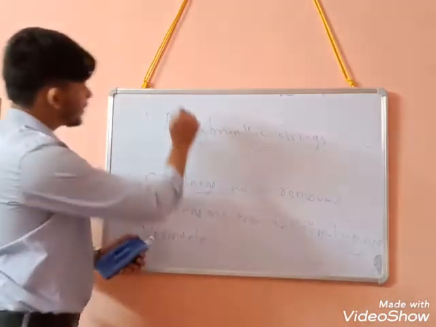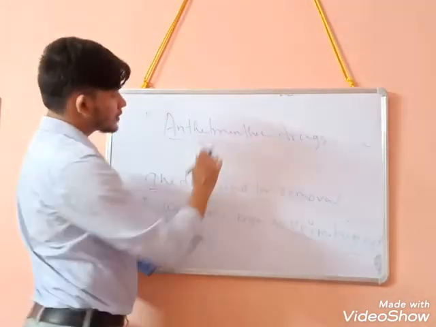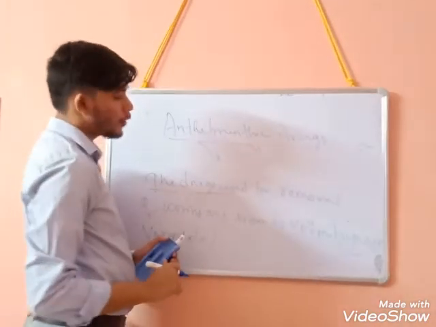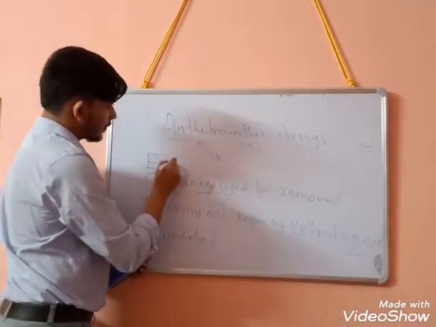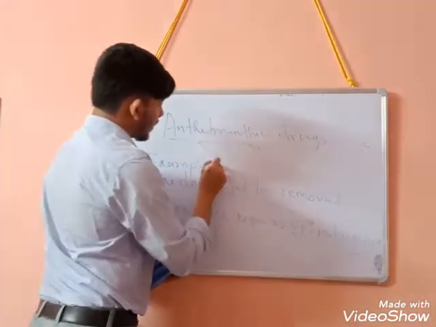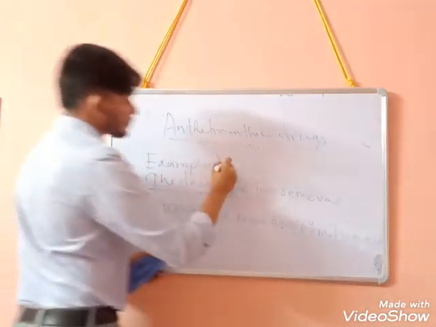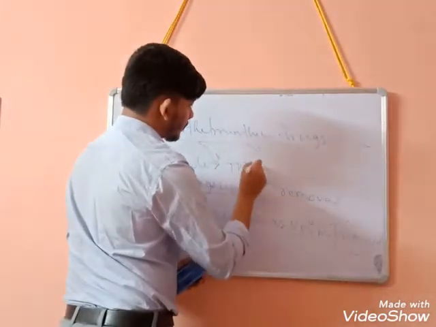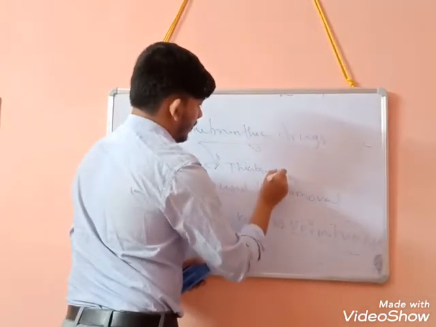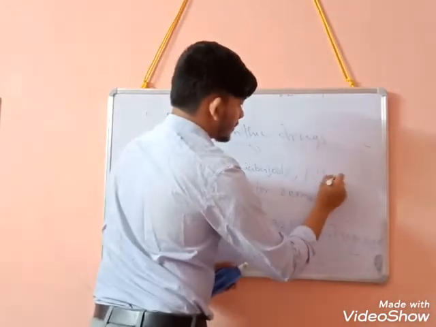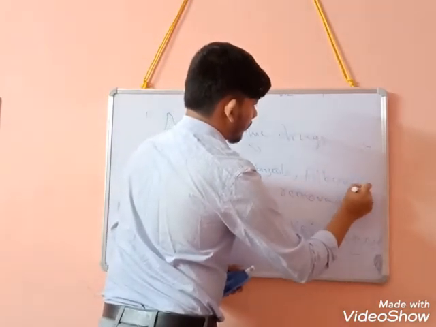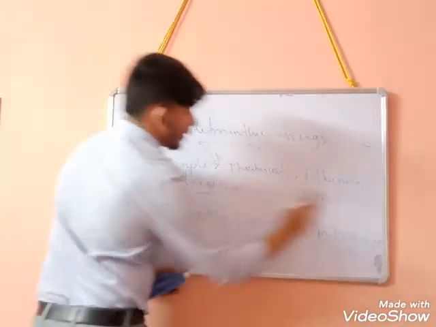So the question may be from this introductory part, the introduction about the antiamoebic drugs. So what are the examples of anthelmintic drugs? Examples will be thiabendazole, then albendazole, then mebendazole.